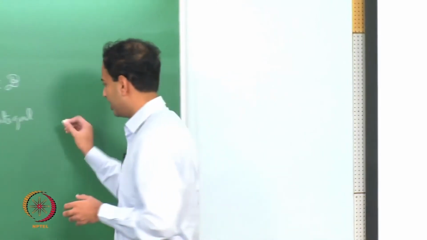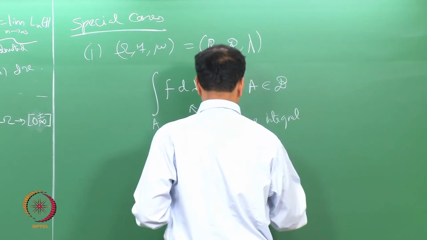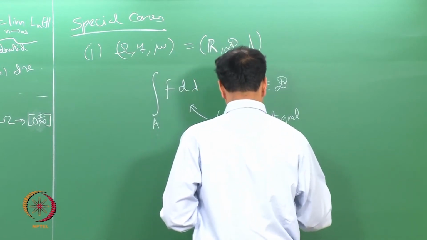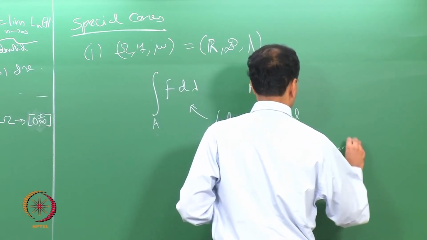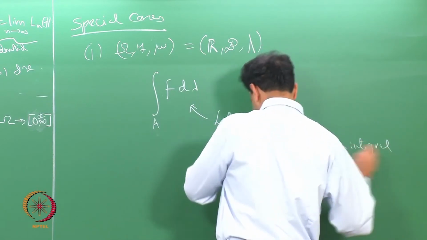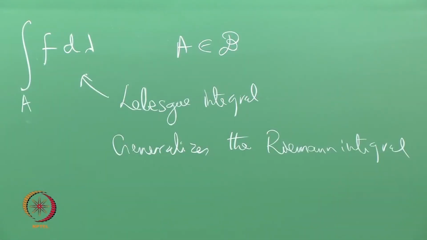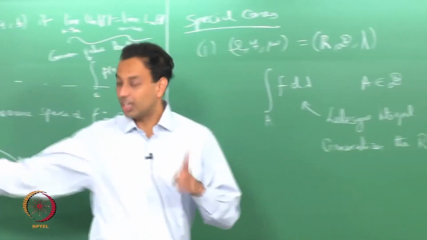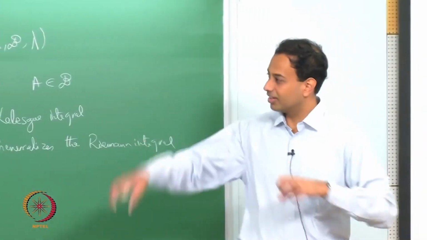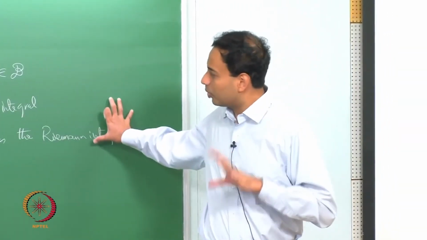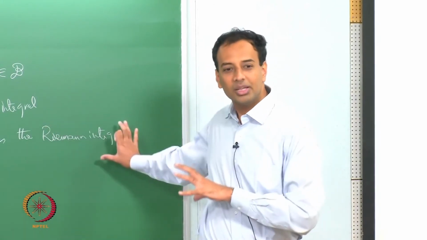So, the Lebesgue integral generalizes the Riemann integral in the sense that it may exist even when the Riemann integral may not exist, but when the Riemann integral exists the Lebesgue integral always exists and the values will be equal. So, once I have told you what this is, you can totally forget about Riemann integration because this is strictly more general.